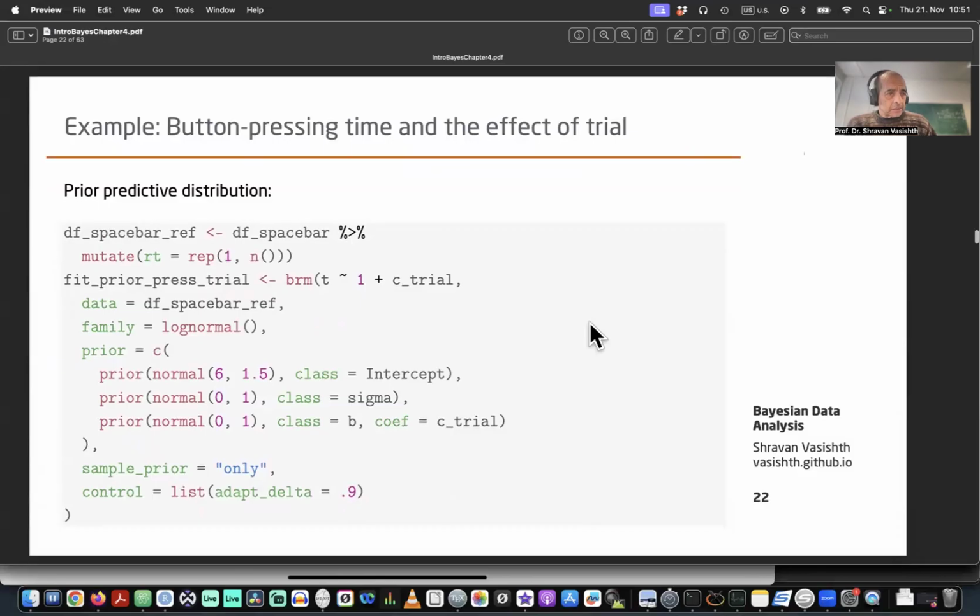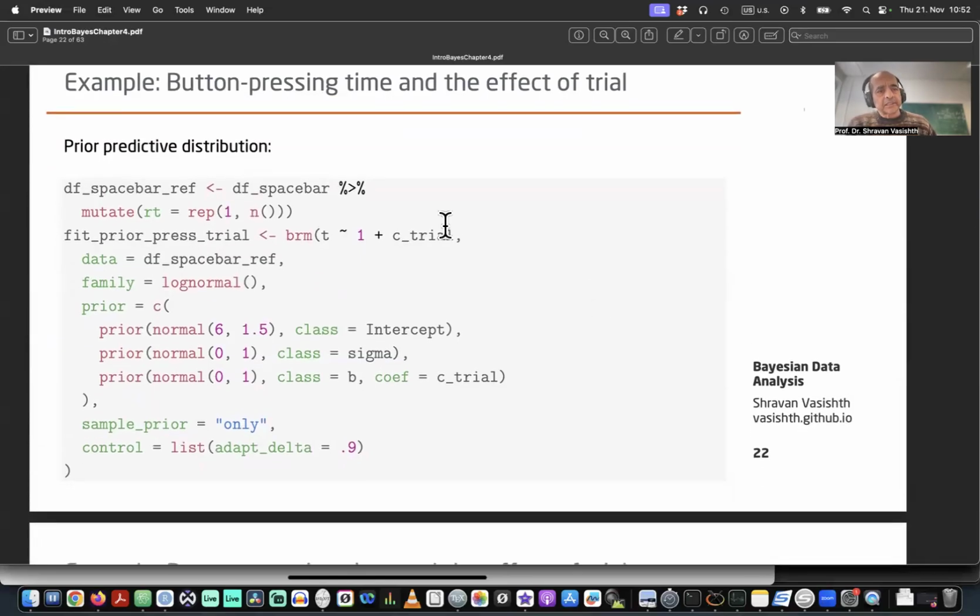We do some prior predictive modeling now. So what we're going to do is fit the model. This is button pressing time, 1 plus centered trial. And notice that this is again using a fake data frame here, which I created with an empty column called RT.